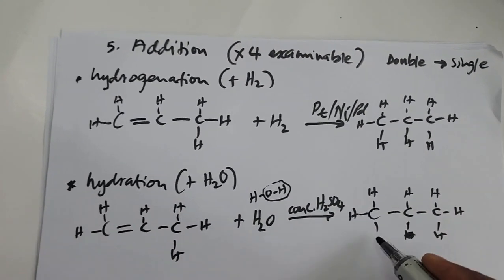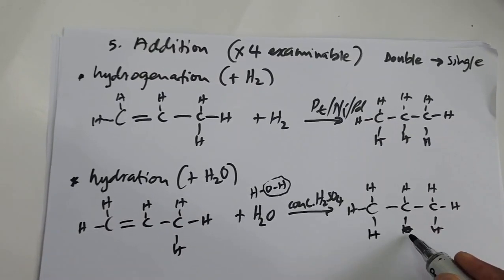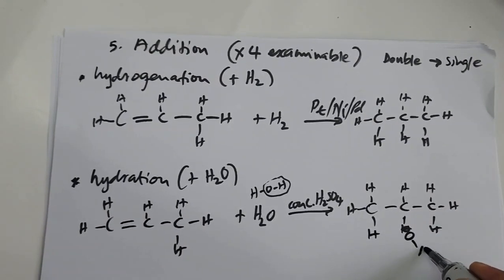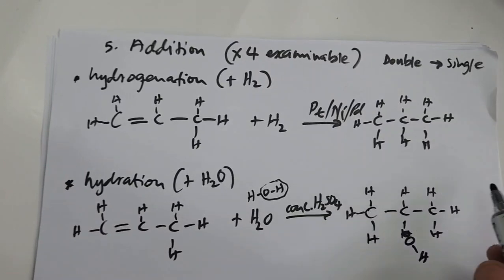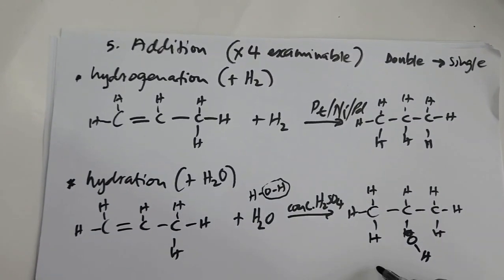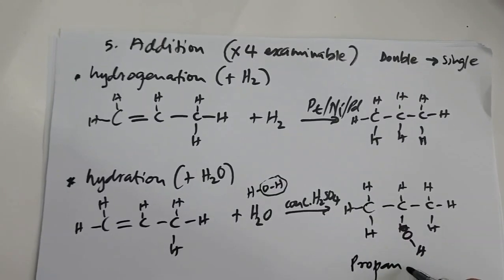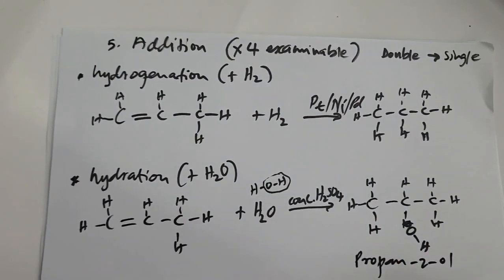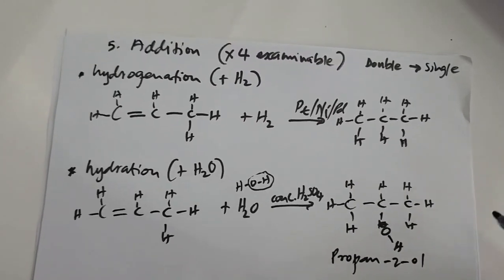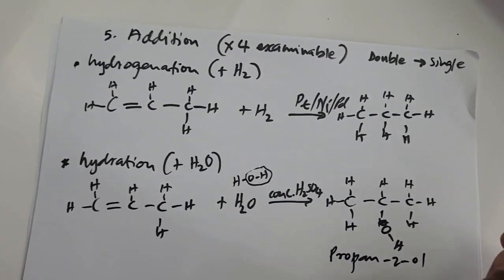Therefore, hydrogen will go to carbon number 1, and then the OH will be at carbon number 2. Therefore, it means that the major product will be propan-2-ol, whereas the minor product now will be propan-1-ol. That is in this case of hydration.